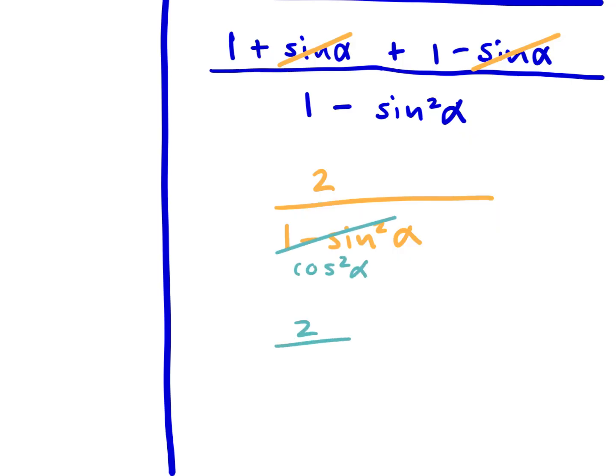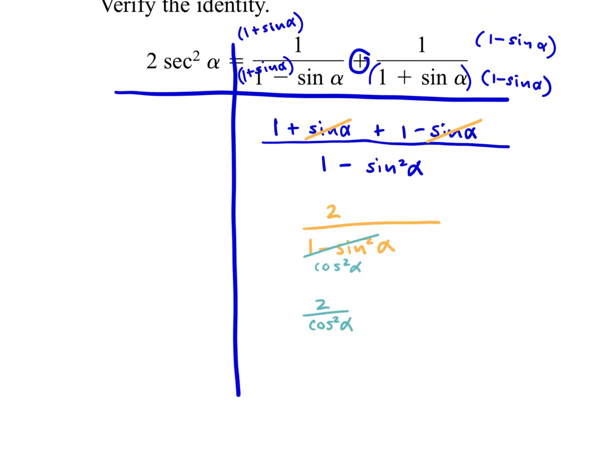So that gives me 2 over cosine squared alpha. What could we do next? Awesome. It's essentially 1 over cosine squared, which would just be secant squared, but the 2 just stays out front, so it'd be 2 times secant squared, which was our goal. That was what we were trying to make it equal.